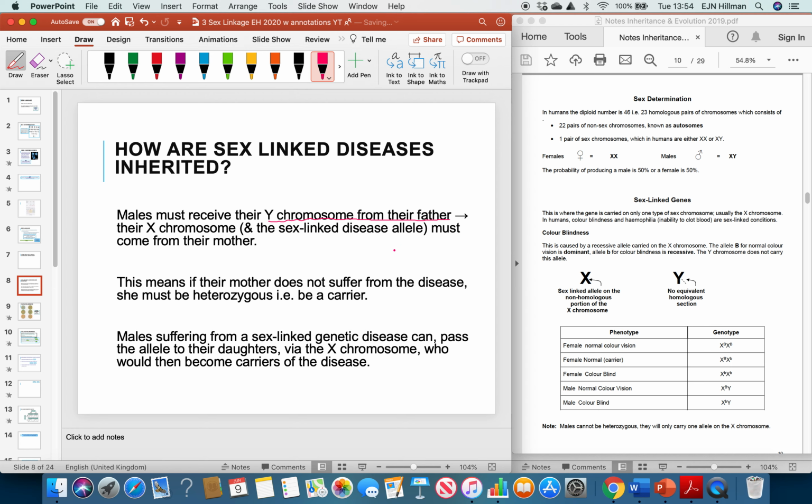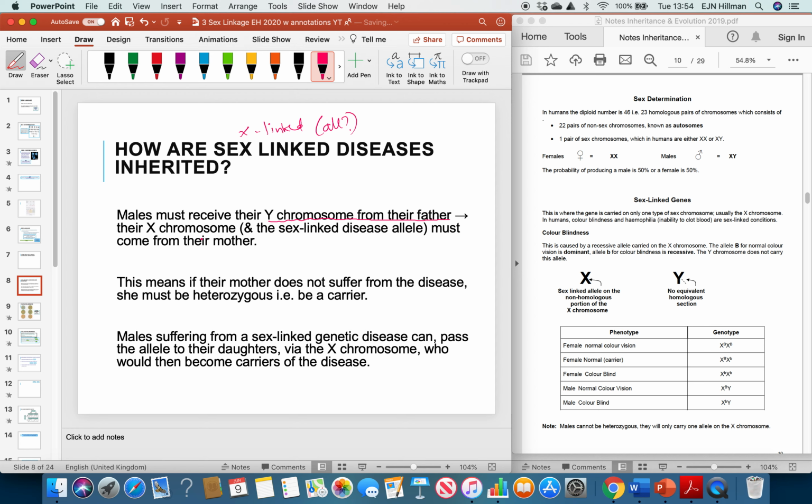This is a really important thing to consider, because that means all of those sex-linked diseases will be X-linked. So they're not passed down from the father.